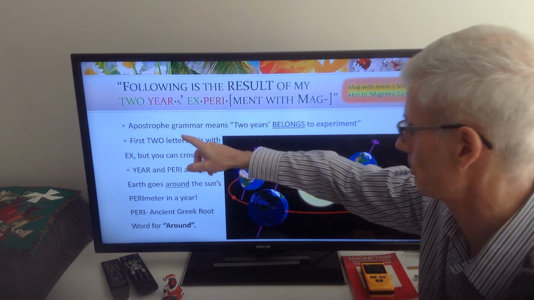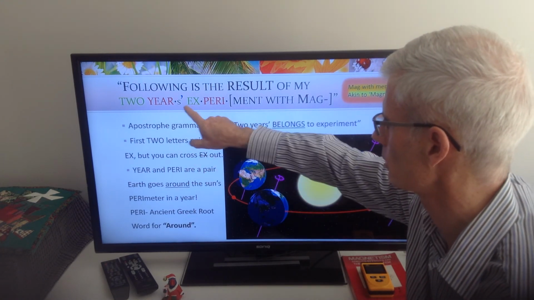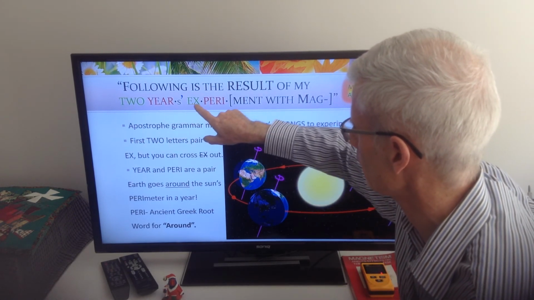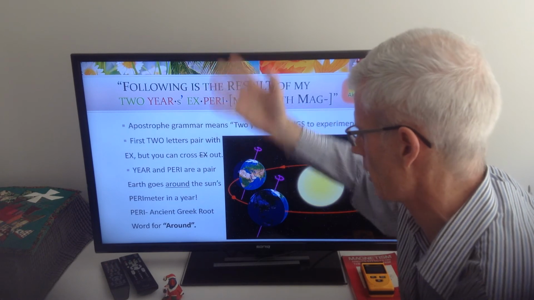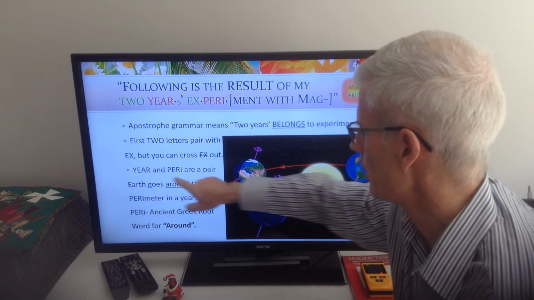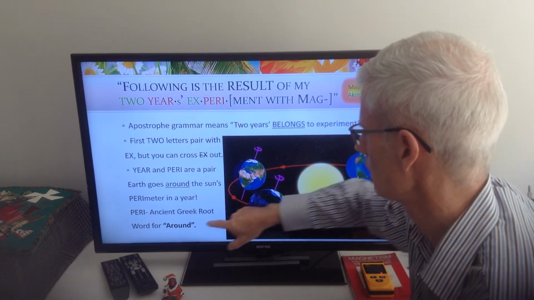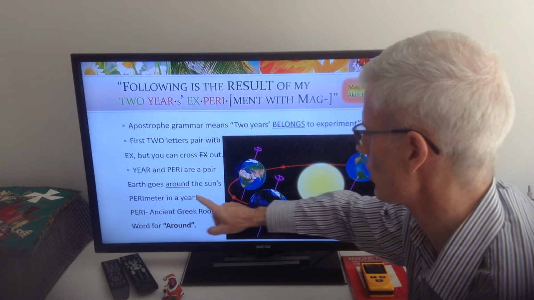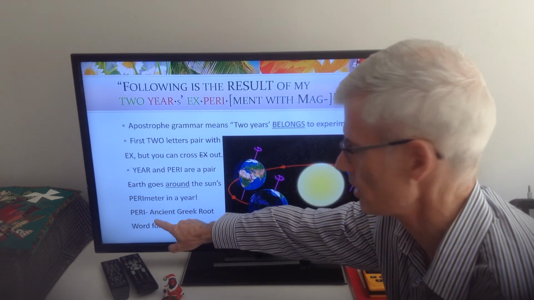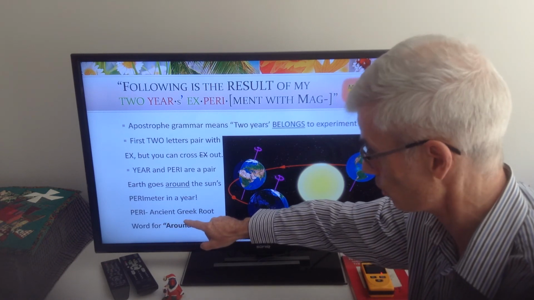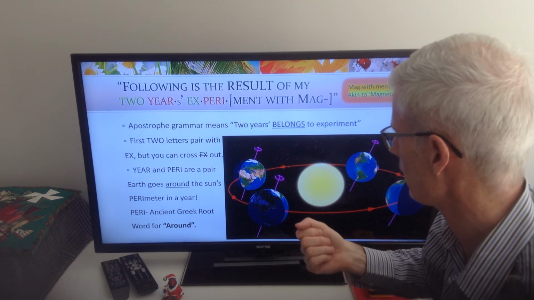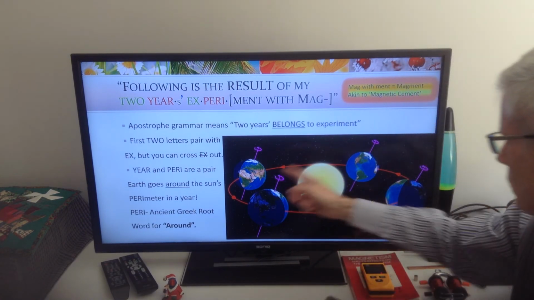The first two letters pair with X, there's your 2 and there's your EX, but you can cross the X out because that's not what he's trying to point to. Year and peri are a pair. The Earth goes around the Sun's perimeter a year, and peri is the ancient Greek root word for around. So we're going around the Sun here, as shown.